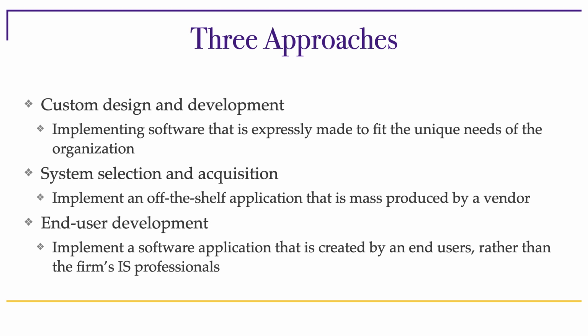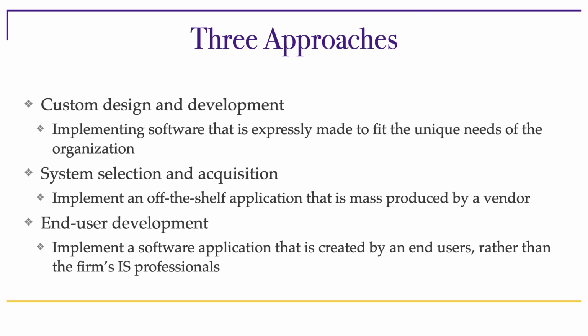And in this process, the technology and the information systems are designed in a way that is tailor-made to the organization. Think of custom design and development as going to a tailor and having a suit made for you. If that process works well, you don't really have to adjust to the suit or accept limitations in the suit. The suit is designed to fit you.